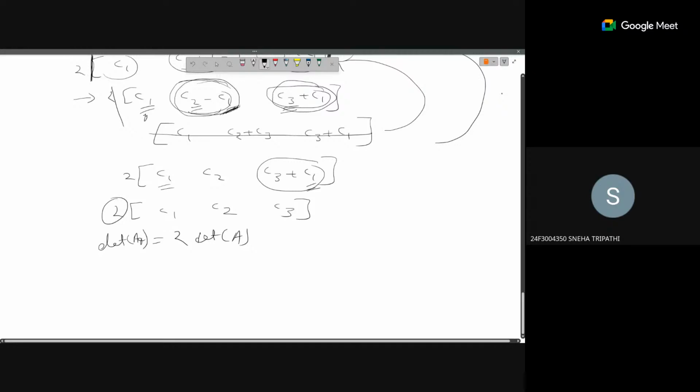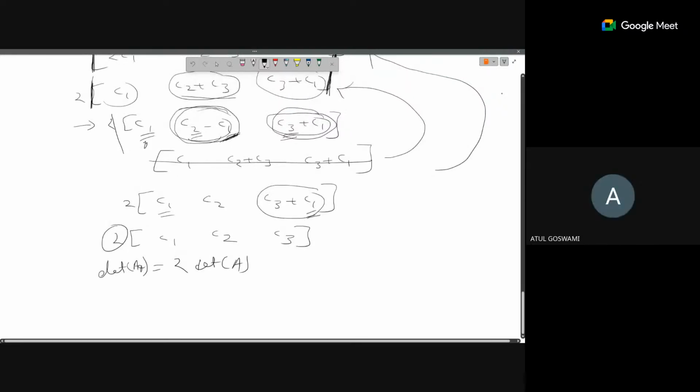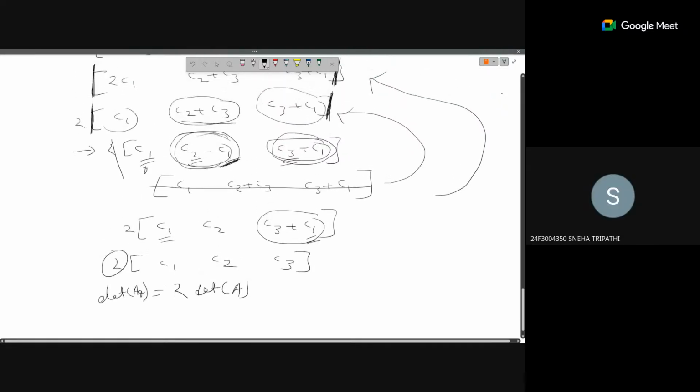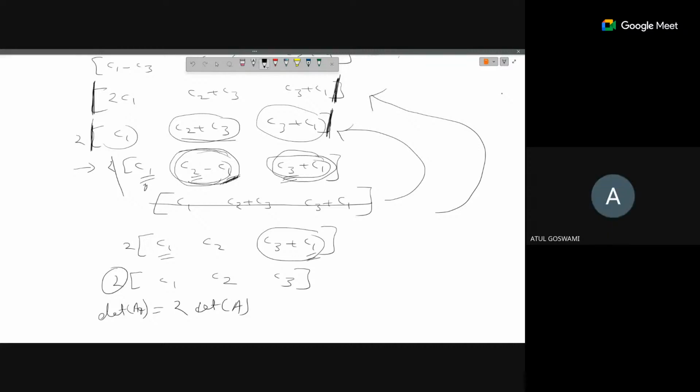Sir, actually I am copying the solution. Please write it up, sir. Anyway, I will share this slide in the folder. There you can get the notes.